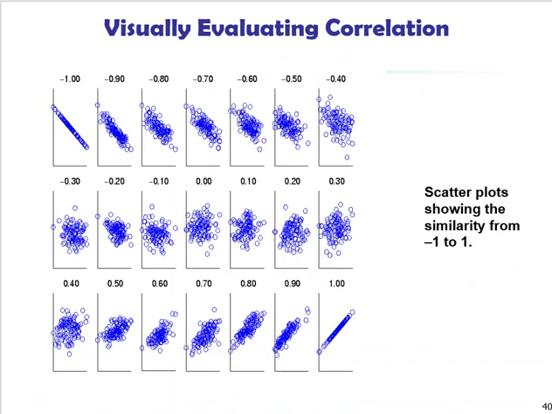This set of graphs shows you the visual presumption when you actually plot two variables with different correlation. So this shows all the data points, the scatter plot, right? Those two variables on two axes.